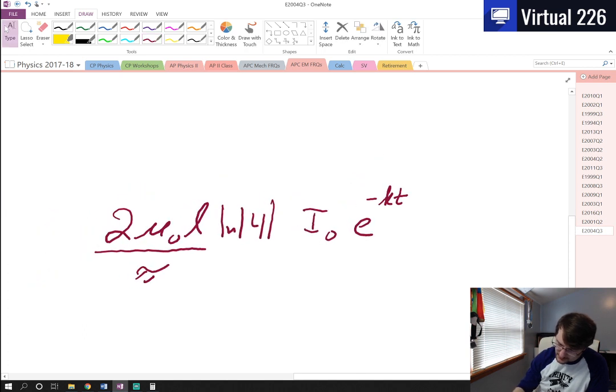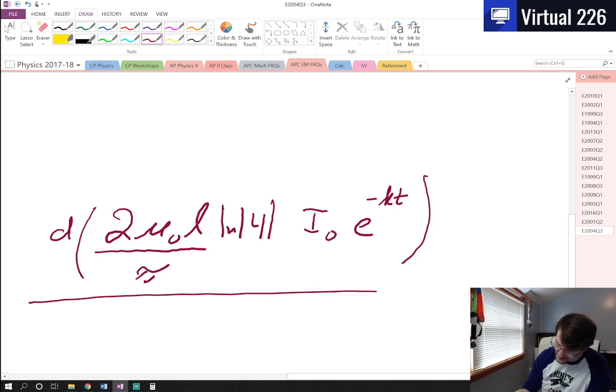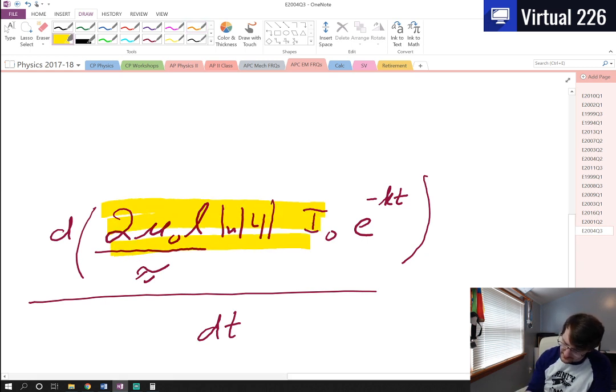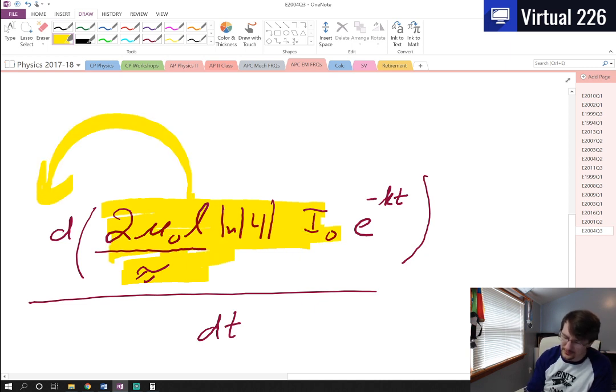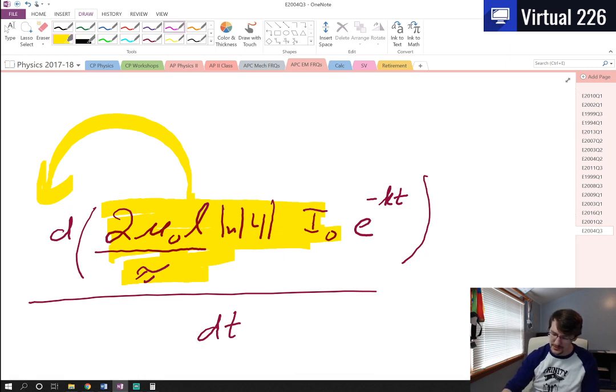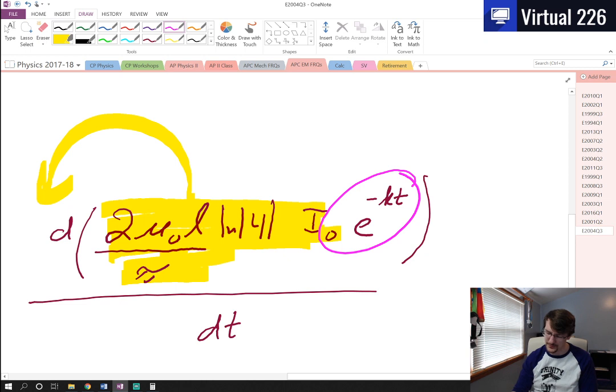We need to take the derivative of this with respect to time. Luckily for us, all of this here is a constant, so we can actually pull it out. We don't need to bother taking the derivative of it. The only thing we need to take the derivative of is this exponential.